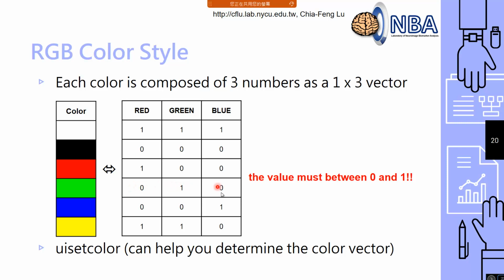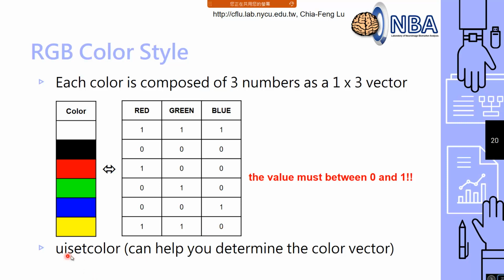But there's an important thing: some programming languages may use values between 0 and 255, but for MATLAB, we always set the value between 0 and 1. So 1 means 100%, 0 means 0%, okay? For example, yellow is the mix of both the red and green components, so you need to put 1, 1, 0, okay?